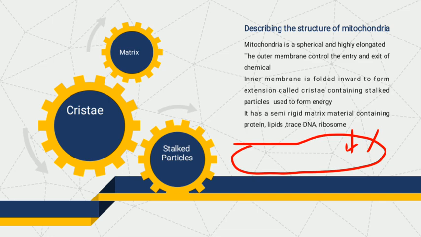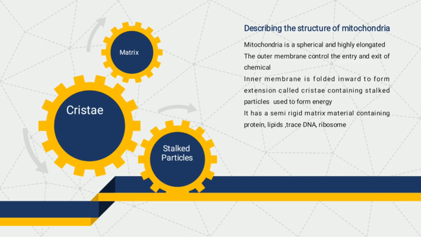Always remember that the stalked particles contained on the inner membrane of the mitochondria contain ATPase enzyme used to form what? ATP. And the semi-rigid material inside the mitochondria is its matrix.